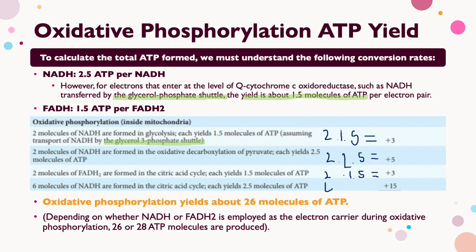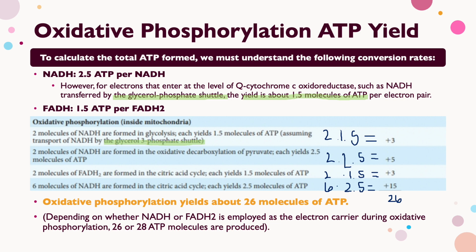And then we have 6 more molecules of NADH formed in the citric acid cycle, and these yield 2.5 each, which is equal to 15. So we have 3 plus 5, which is 8, plus 3 is 11, plus 15 is 26.